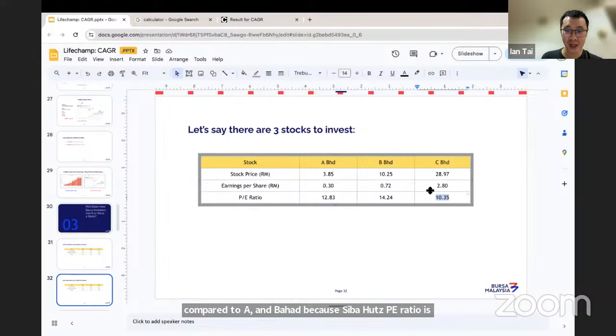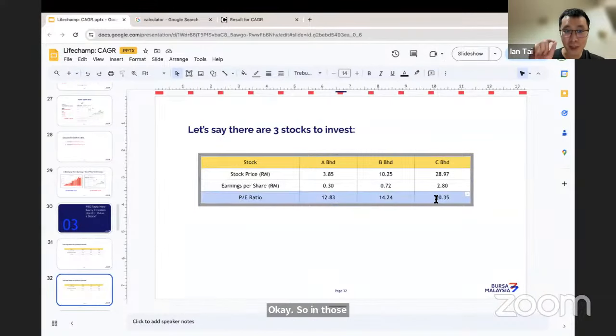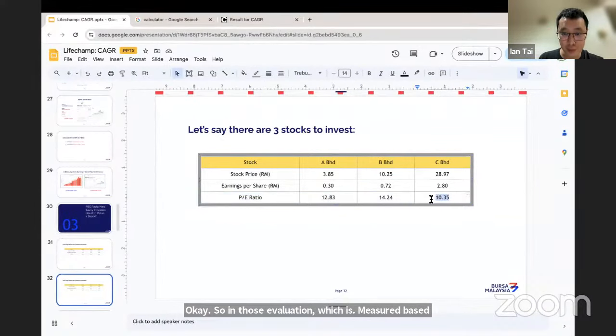So in terms of valuation, which is measured based on PE ratio, C Berhad is most undervalued. B Berhad is most highly valued among the three stocks. A Berhad in the middle.